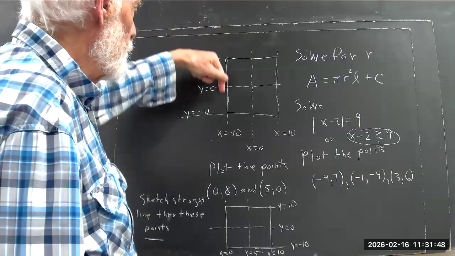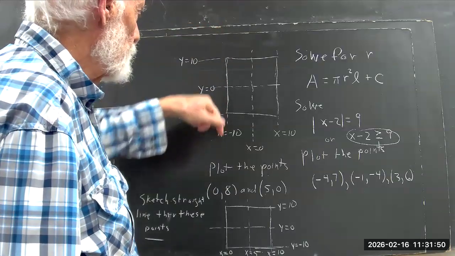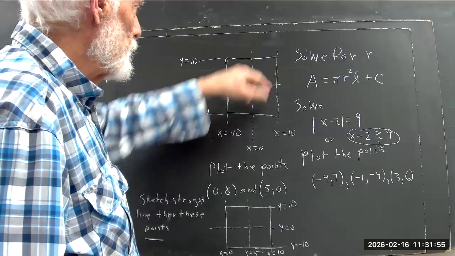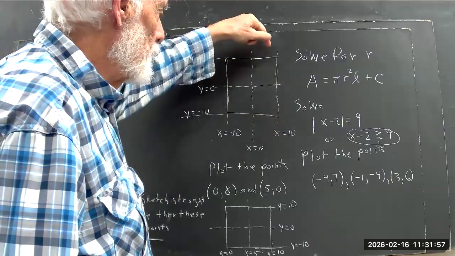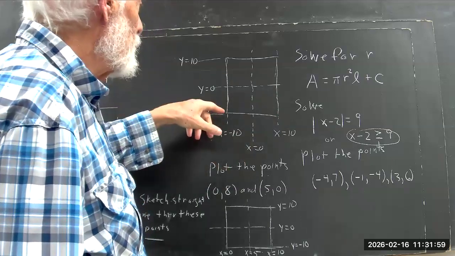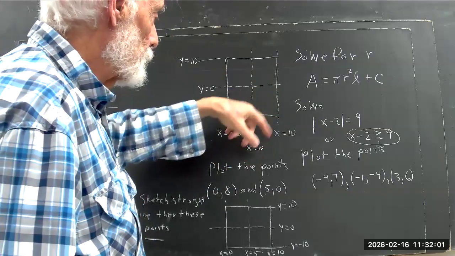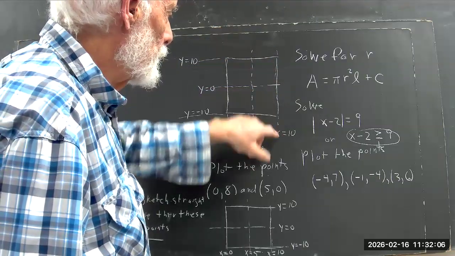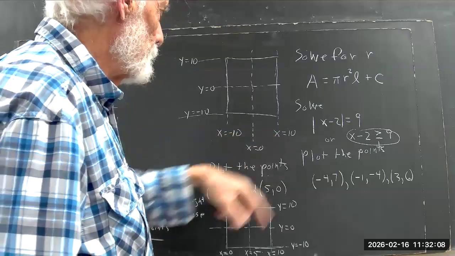I've drawn a dotted line extending the left edge a little bit and labeled it x equals -10. A dotted line extending the right edge a bit. Now, the left edge is vertical, the right edge is vertical. And on the dotted line that extends the right edge, I've got x equals 10.